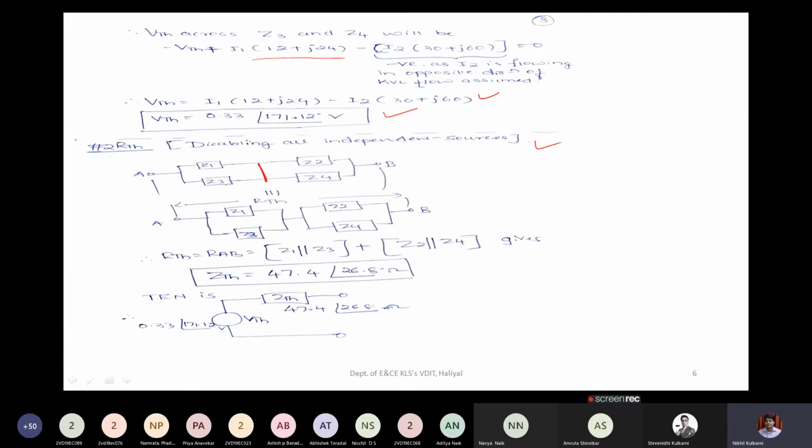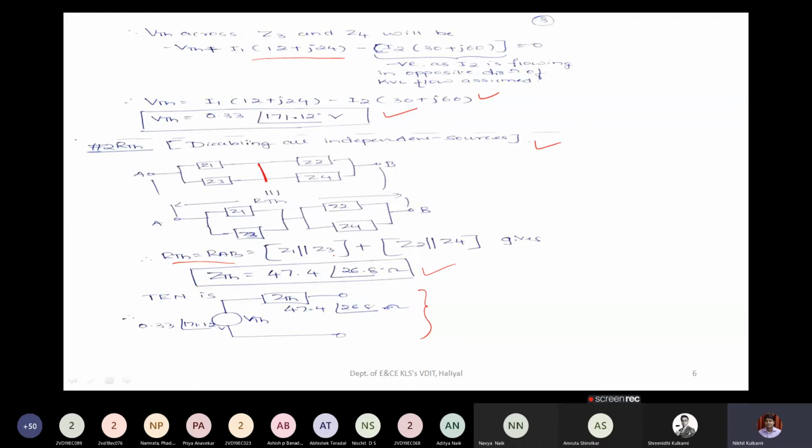Z1 and Z3 will be in parallel. Z2 and Z4 will be in parallel. If you calculate equivalent impedance or resistance, you will be getting this much value. So finally we get the value as VTH is equal to this voltage and ZTH is equal to this voltage.